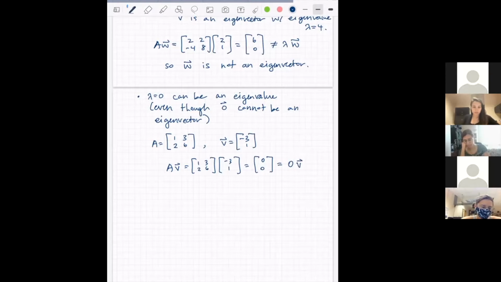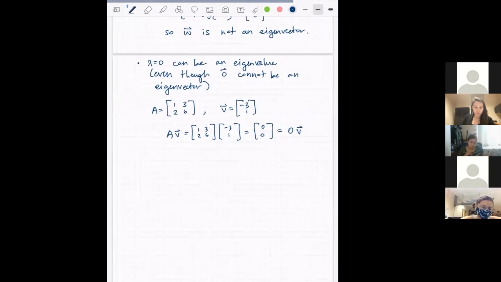So v here is an eigenvector with eigenvalue 0. So notice the eigenvector itself is still not 0. It's not the 0 vector, but the eigenvalue is 0.